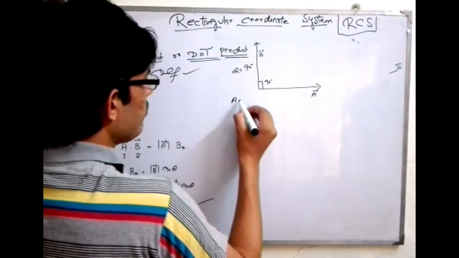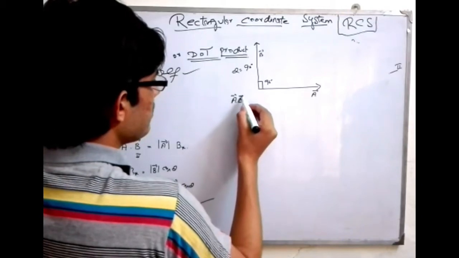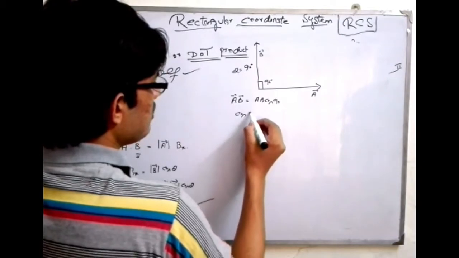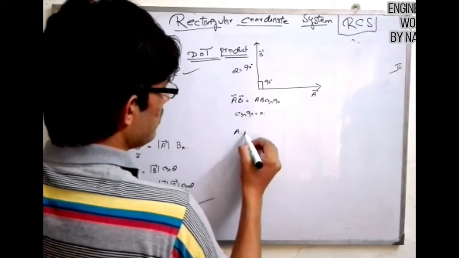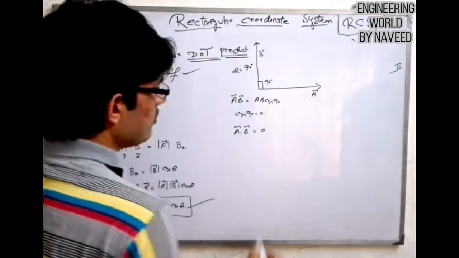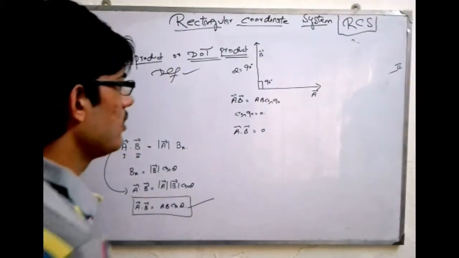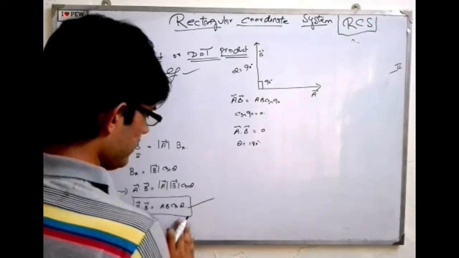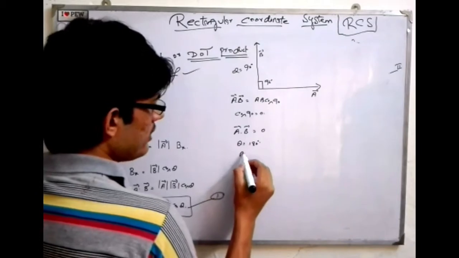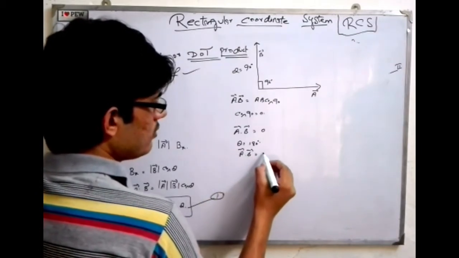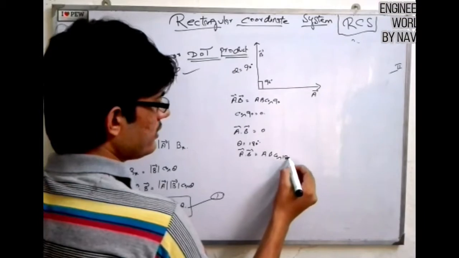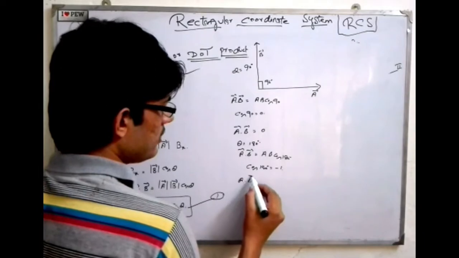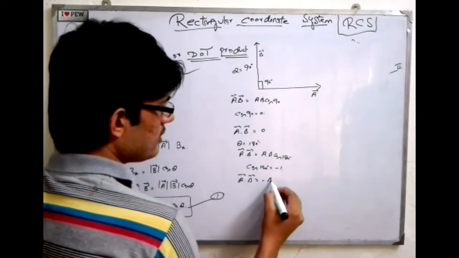So equation 1 will be A dot B equal to AB cos 90, and as cos 90 is equal to 0, A dot B is equal to 0. Similarly, if theta is equal to 180 degrees, putting the value of theta in equation 1, you get A dot B equal to AB cos 180 degrees, and as cos 180 degrees is equal to minus 1, A dot B will be equal to minus AB.